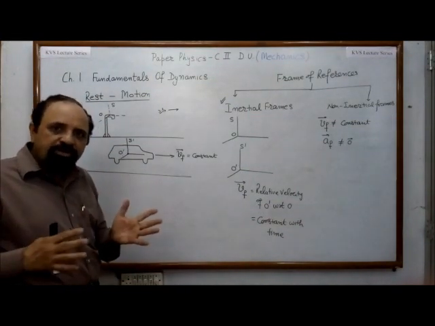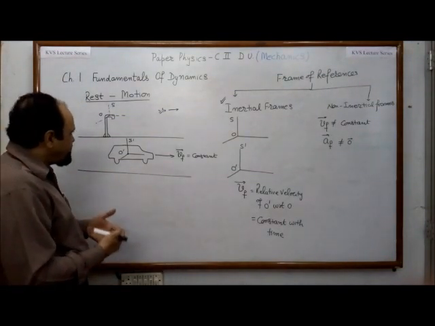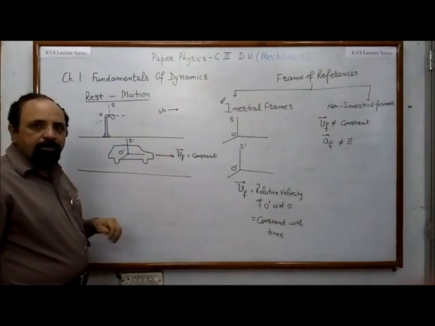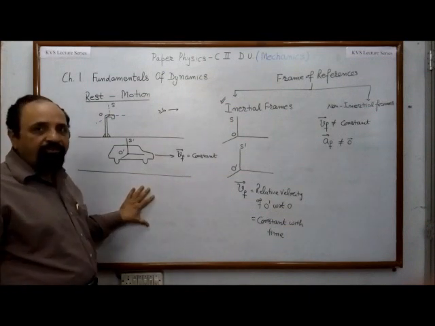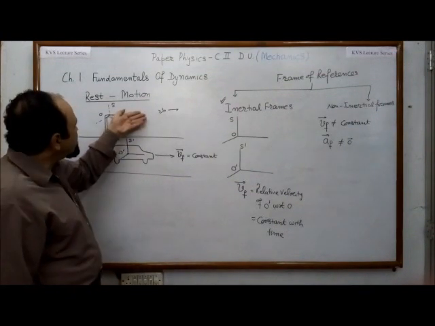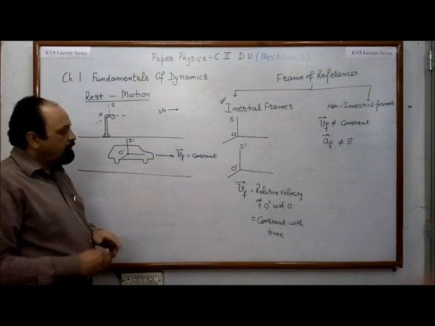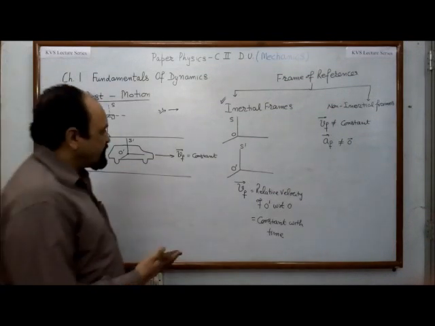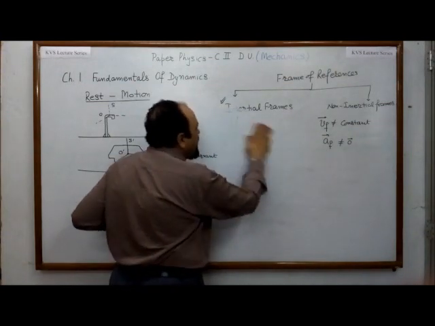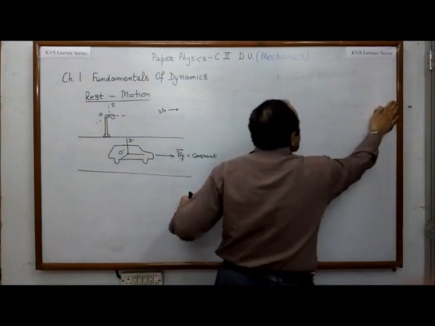Can we have some relation where I can transform the information I have in the S dash frame into the S frame, or vice versa? That means I am looking for a system of transformation from one inertial frame to another inertial frame. This transformation was given by Galileo and is known by his name, the Galilean transformation equation.